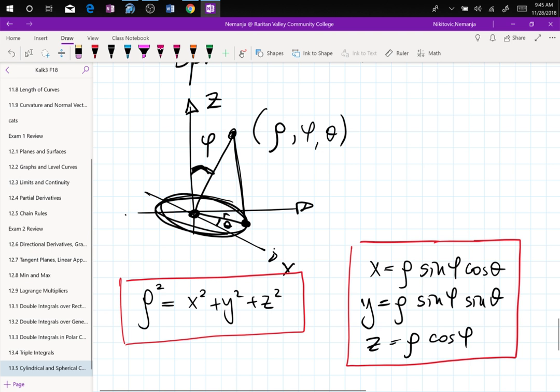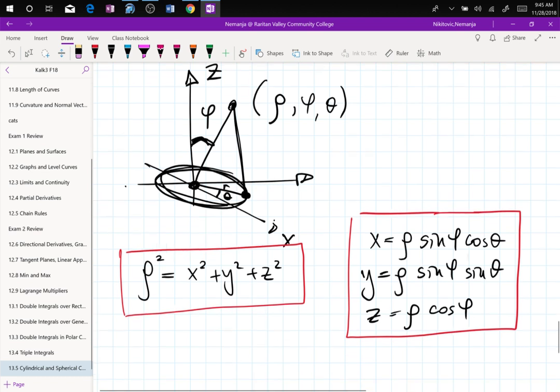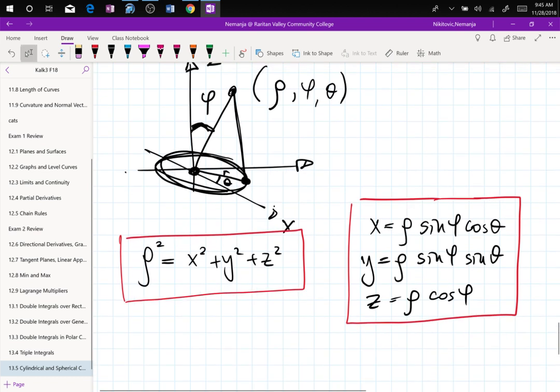You are all programmed to do coordinates. So you will never actually use this, ever. But it's a good thing it exists, it's there. And as I said, you might run into a homework problem, maybe a lab problem, that says convert spherical to rectangular and then compute the integral.